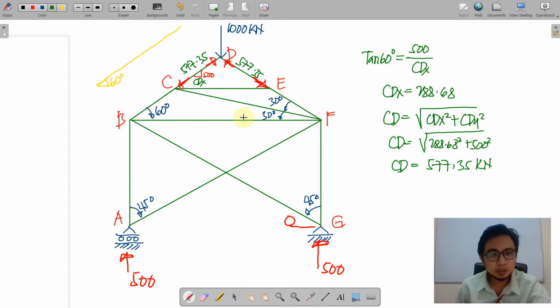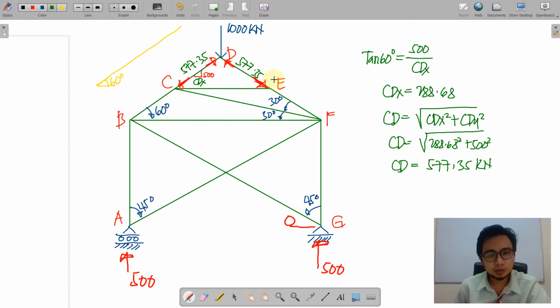Now, moving downwards, we have to choose again between C and E which will be the most convenient for us to solve for the unknowns. If we look at joint C, there are 1, 2, 3 members that still need to be computed.